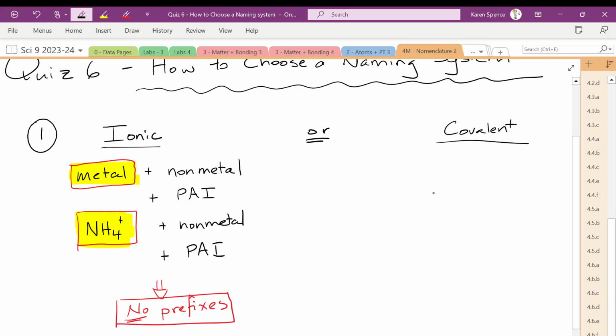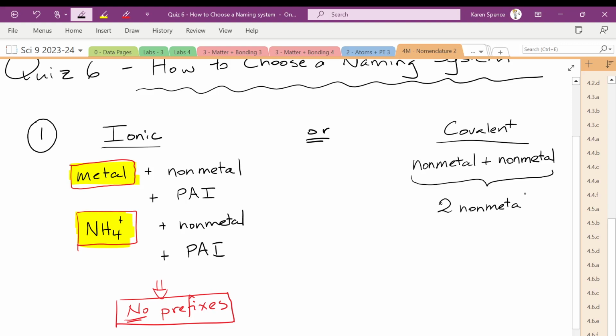Does a covalent compound start with a metal or a non-metal? Non-metal. So we will just have a non-metal plus another non-metal. How many non-metals does that make? Does it make 3? Does it make 7? How many? In other words, there's only 2 non-metals.